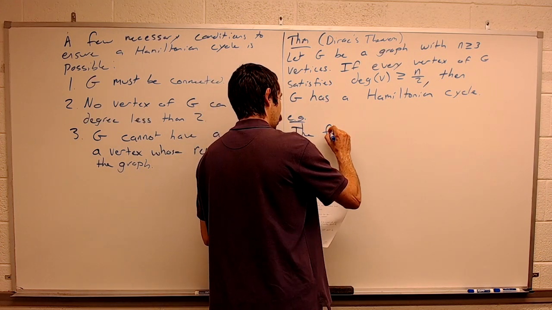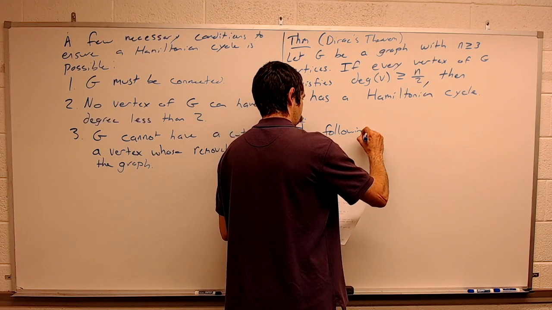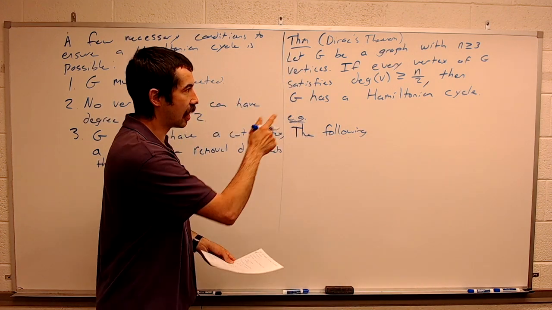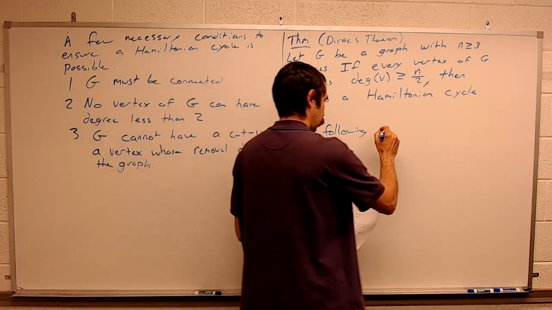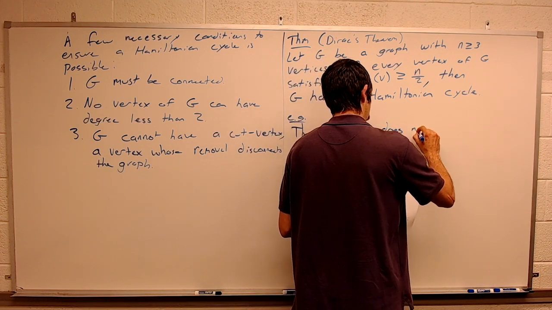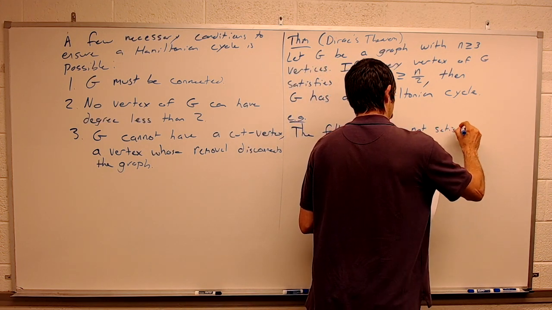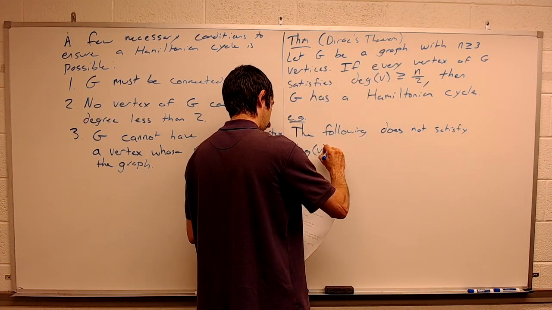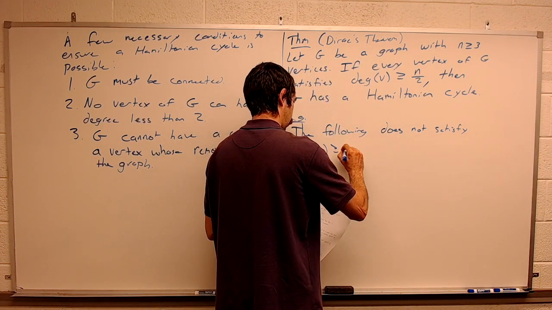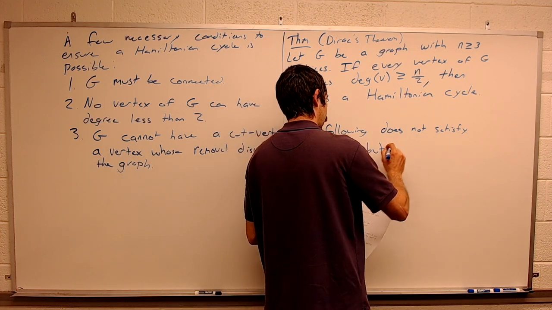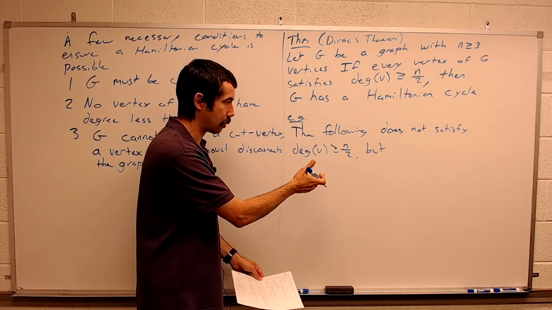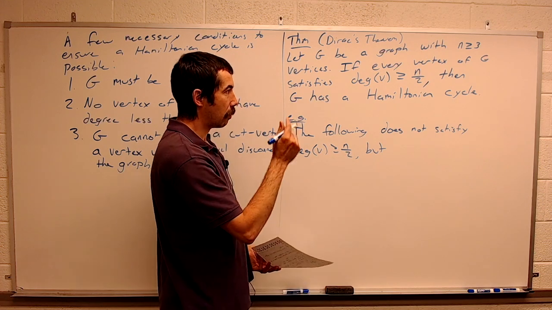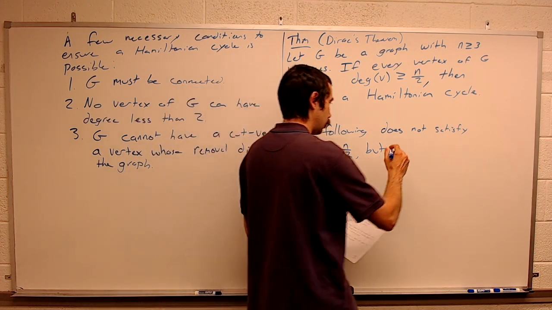The following does not satisfy the degree of the vertices being greater than or equal to n over 2, but has a Hamiltonian cycle.